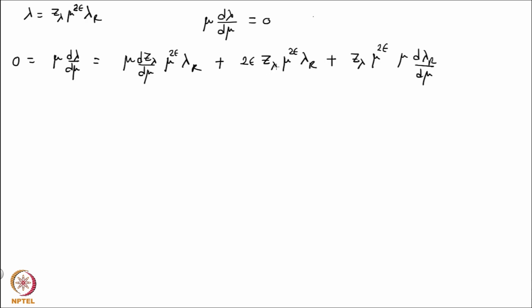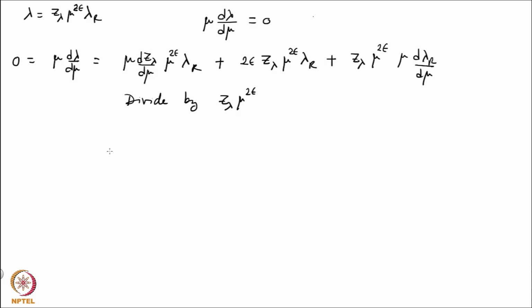Now let's divide by z lambda mu to the 2 epsilon. If I do so, then this is a factor of lambda r. So this mu to the 2 epsilon goes away from each of the terms.